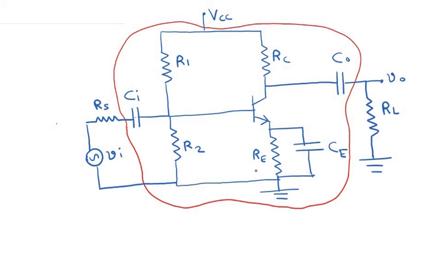Okay, this Vi and this source resistance Rs are parts of the signal source connected at the input port of the amplifier, and this load resistor RL is the load resistance across which we want the amplified output.